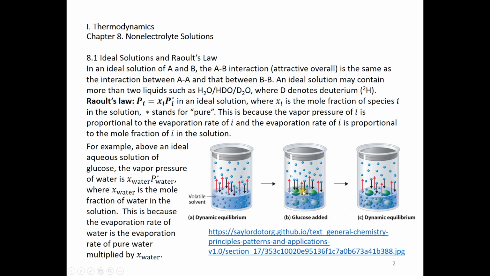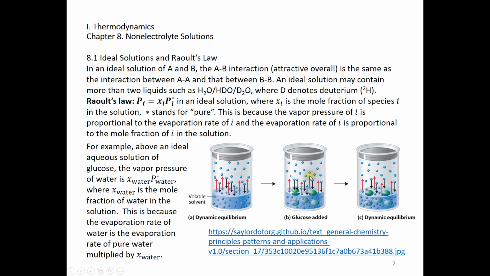And because the evaporation of water is proportional to the mole fraction of water on the liquid surface, the evaporation rate now is only 80% of the evaporation rate of pure water, so it drops. Adding glucose does not really change the condensation rate.